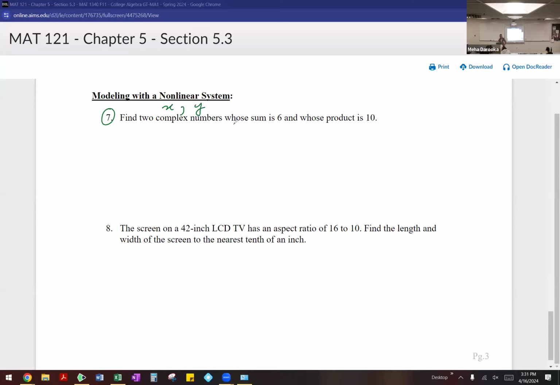When they're saying the sum of the two complex numbers is 6, that means if I add the two numbers, I should get a total of 6. And the other one says whose product is 10, which means if I multiply the two numbers, the product should come out to be 10. So we'll call that equation 1, and that equation 2.